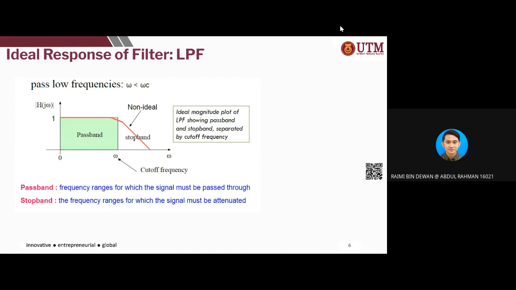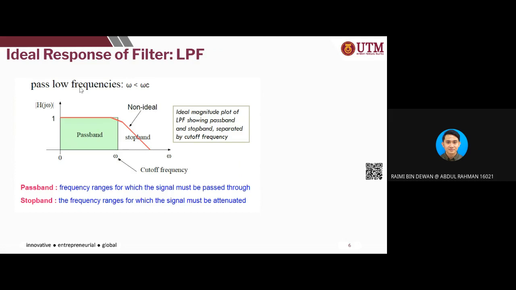Next, the ideal response of filters. As we already recapped in the previous chapter, I'm going to pass through this because it is a repetition. But if you have a problem, please let me know.